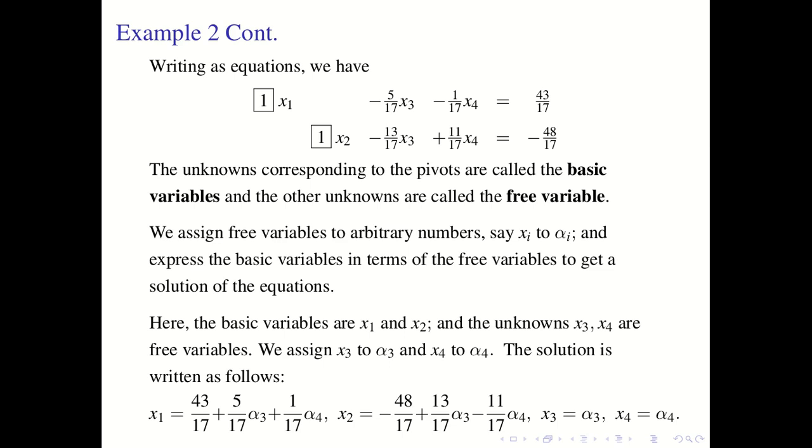So assign alpha 3 to x3 and alpha 4 to x4, and then you can write x2 equal to minus 48 by 17 plus 13 by 17 alpha 3 minus 11 by 17 alpha 4. And you can write x1 as 43 by 17 plus 5 by 17 alpha 3 plus 1 by 17 alpha 4.